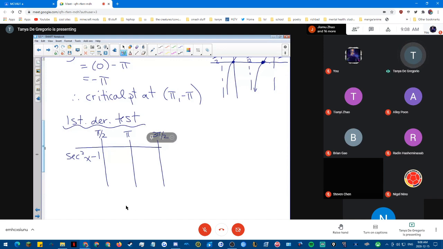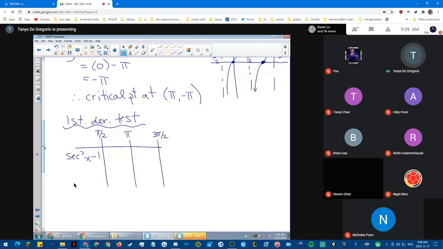And so pick a value between pi over 2 and pi, plug it in, and see if it's positive or negative. What value did you choose? Doesn't really matter, as long as it's between 90 and 180. You can choose any.